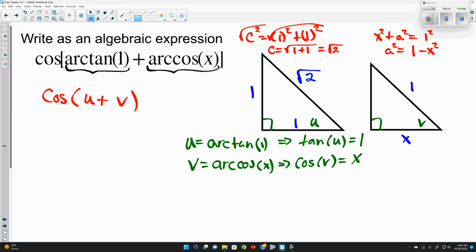And lastly, we would square root both sides, telling us that the other side is the square root of 1 minus x squared. Normally we would put the plus or minus, because anytime we take the square root of both sides, we have to add the plus or minus. But here we're mainly dealing with side lengths, a distance. So this here is the square root of 1 minus x squared.